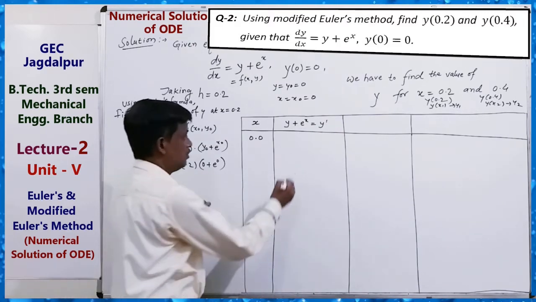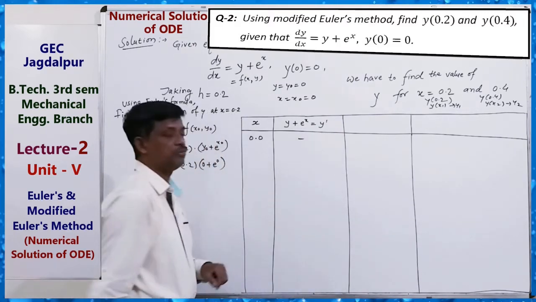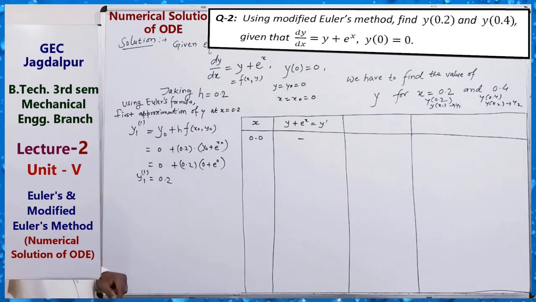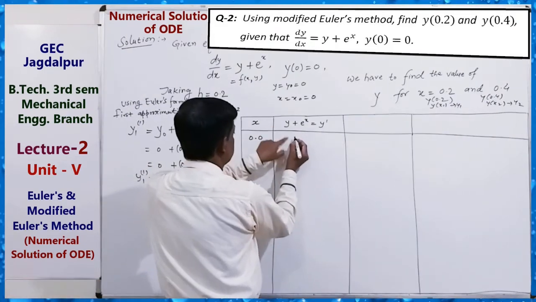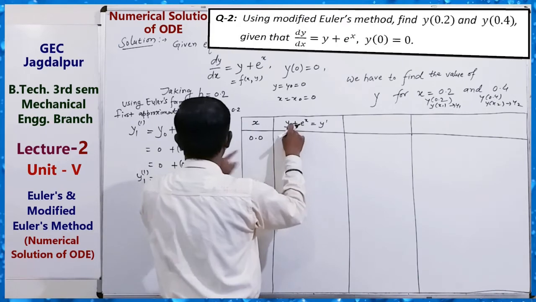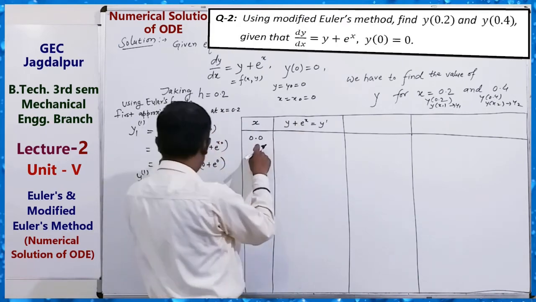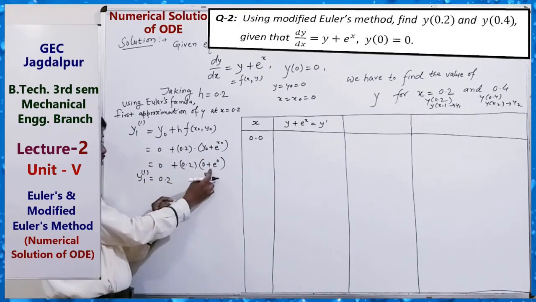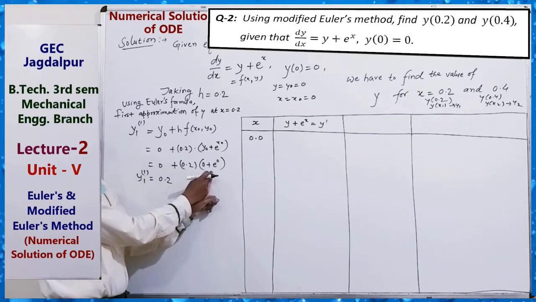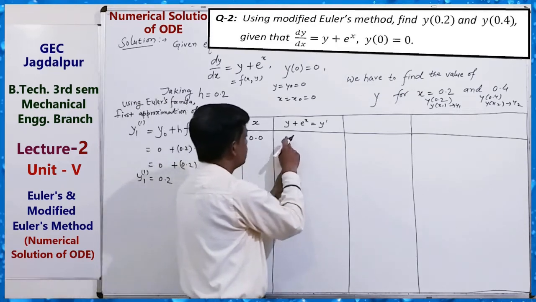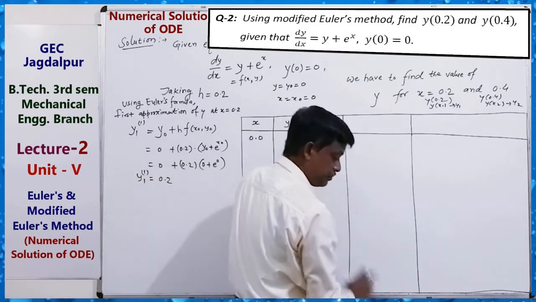So for this first stage, y equals 0, and the slope is 0 plus 1.